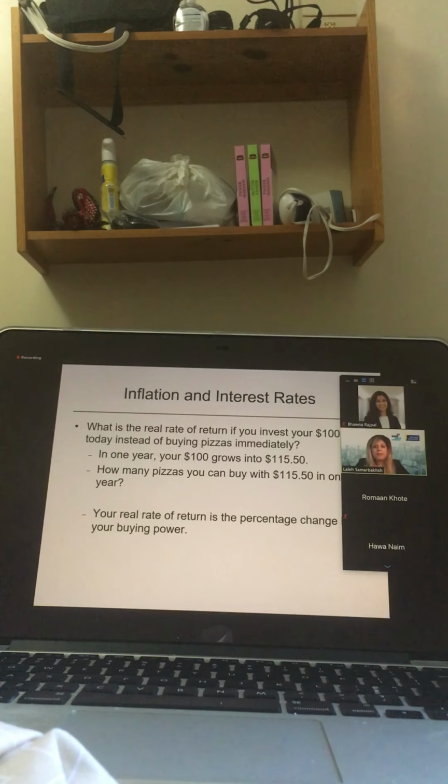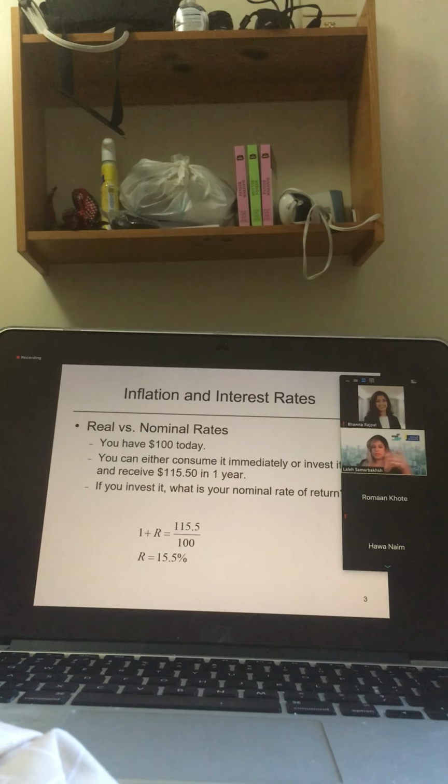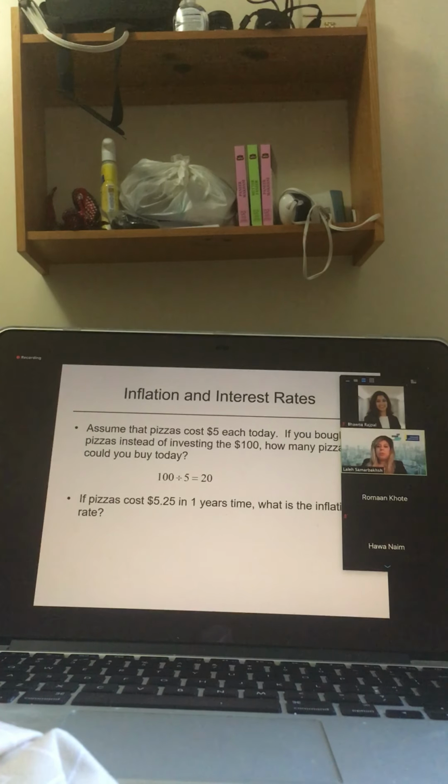What is the real rate of return if you invest your $100 today instead of buying pizzas immediately? Real rate of return, it means that, okay, I know that nominally, the previous slide had that. Nominally, it means looking at the general prices, you had 15.5% rate of return. Now the question is, what's the real rate of return, okay?